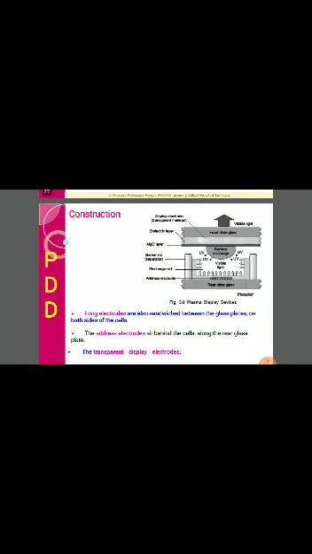The transparent display electrodes. Construction is very simple. Just draw the diagram and label the parts in the diagram. That only we have to explain in construction. Nothing more than that.